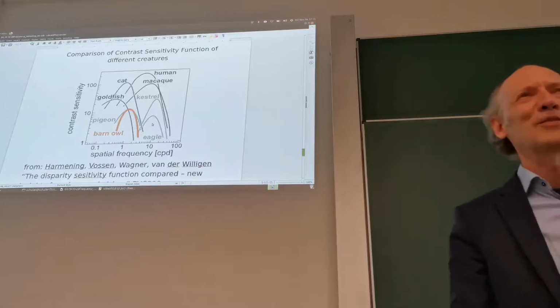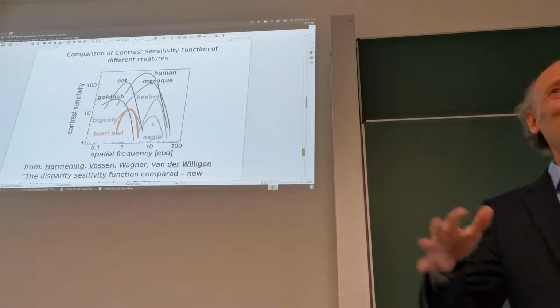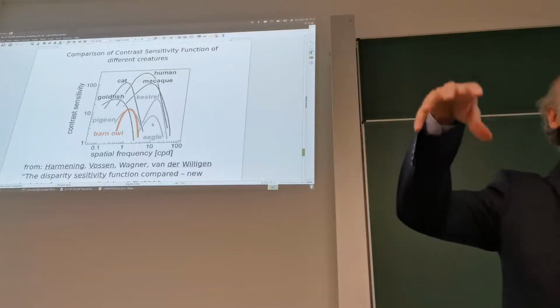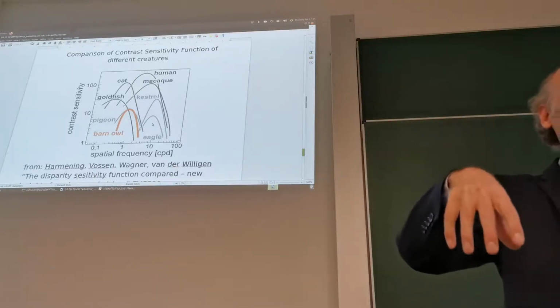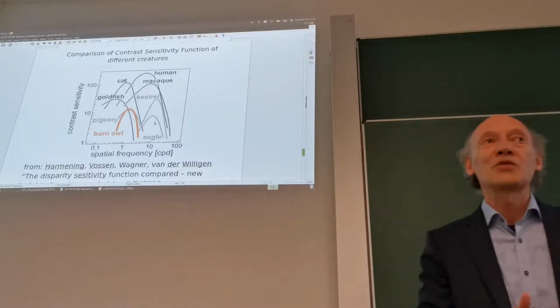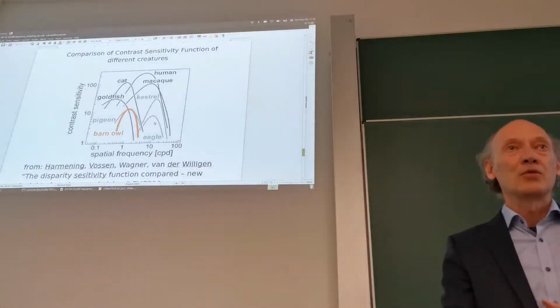I'm not sure what the kestrel is, but the eagle is flying high, and he needs to have telescopic eyes basically to see his prey on the ground. That's why his maximum of the contrast sensitivity function here is clearly at higher frequencies than for humans. So the eagle is able to see much finer detail than humans.